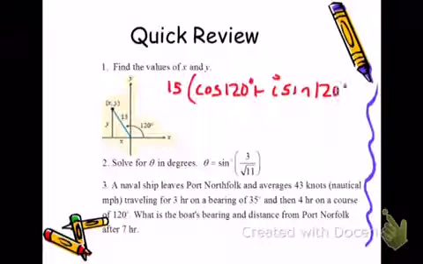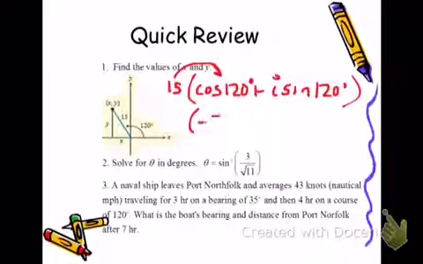And if I wanted to put this into rectangular form, what would I do? Multiply this times the cosine of 120. Cosine of 120 is negative 1/2, so 15 times negative 1/2 is negative 7.5. You could do this on your calculator.